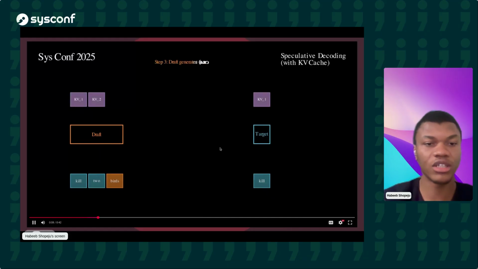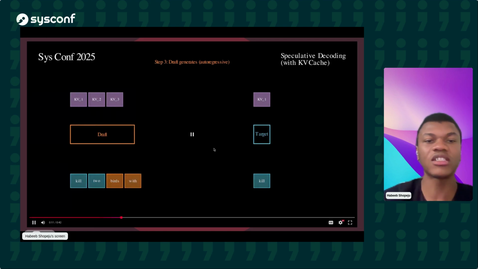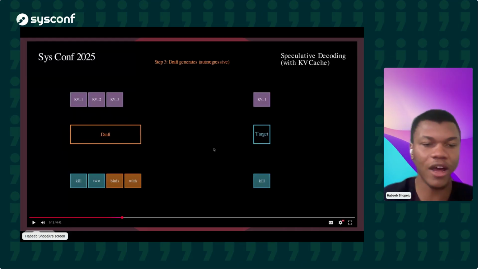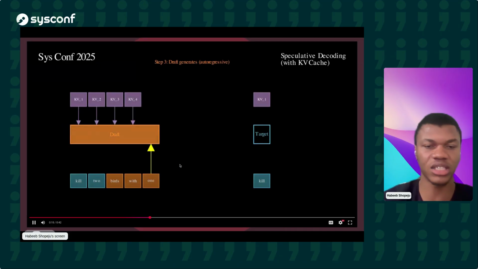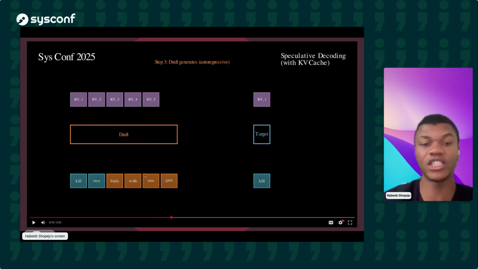Now your draft model comes to generate multiple tokens. This is something you can configure with an inference engine. You can say, for speculative decoding, I want a draft size of 5 tokens, or 4 tokens, depending on how much you would like to work with. And this generates multiple tokens. I think this is going to be 4. It generates 4 tokens.